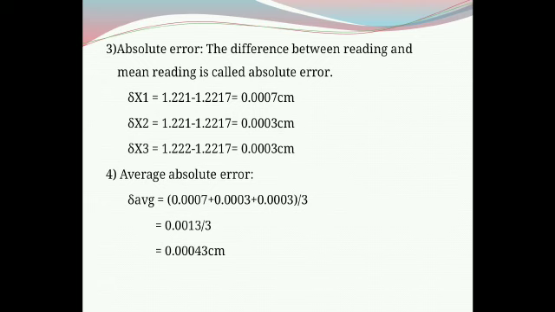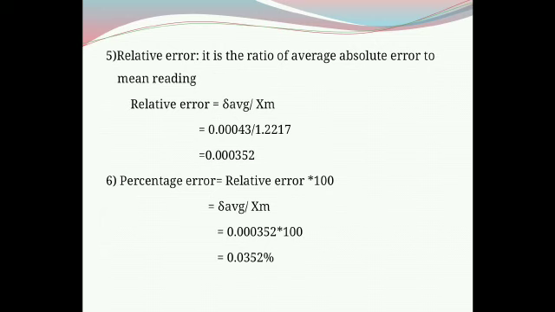Therefore 0.0007 plus 0.0003 plus 0.0003, that total divided by 3, and the answer is 0.00043 centimeter. Then the next step is to find the relative error. It is the ratio of average absolute error to the mean reading.